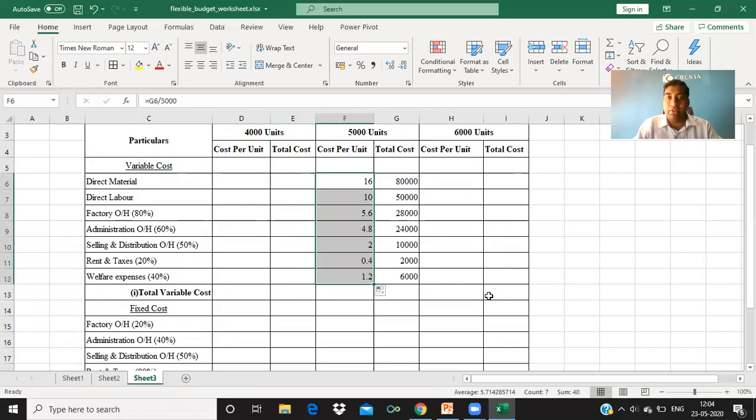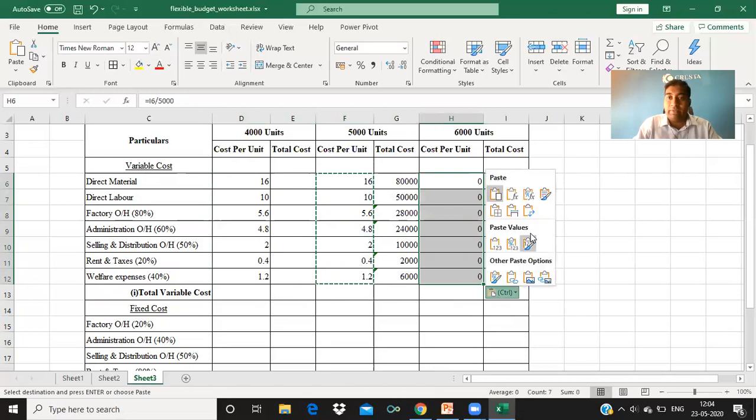So we got the values now. All these total cost values are divided by 5,000 units to get the cost per unit. And we know the rule that for variable cost, cost per unit will remain the same, but total cost changes.